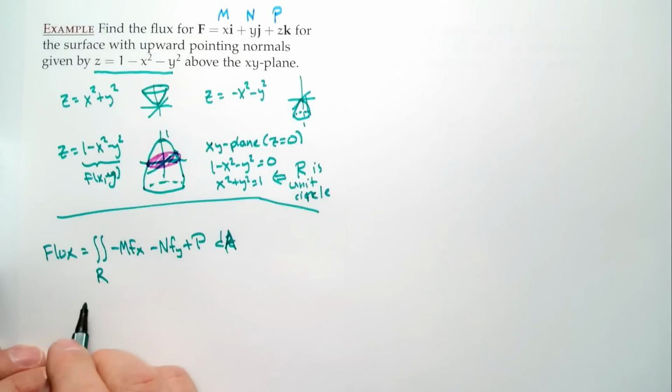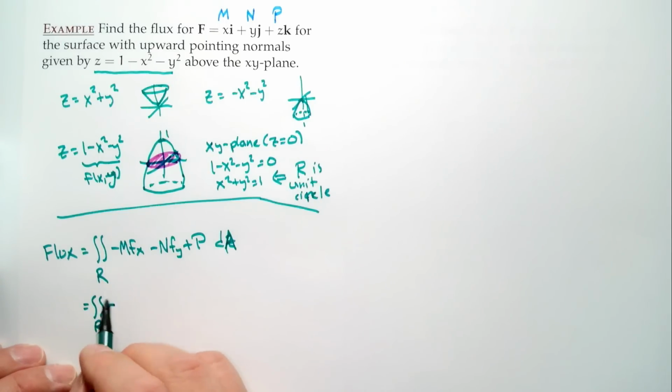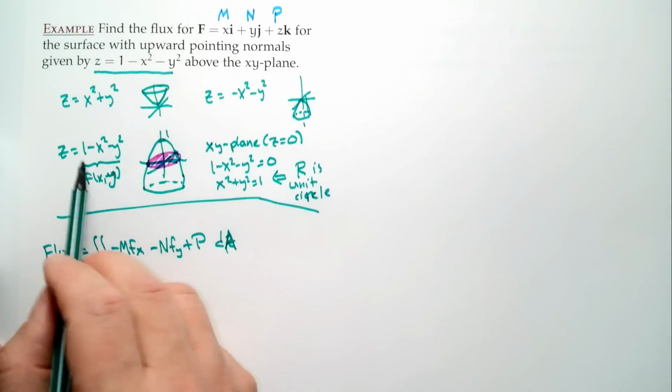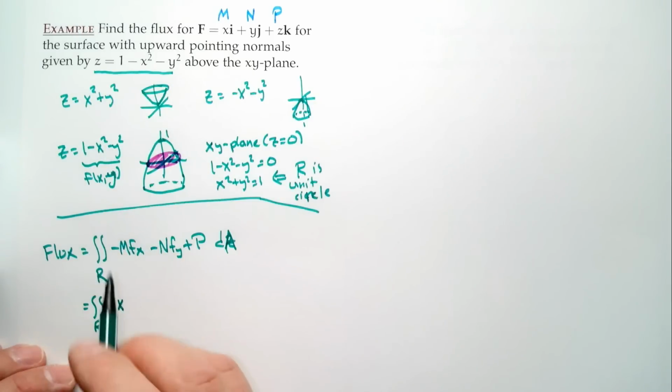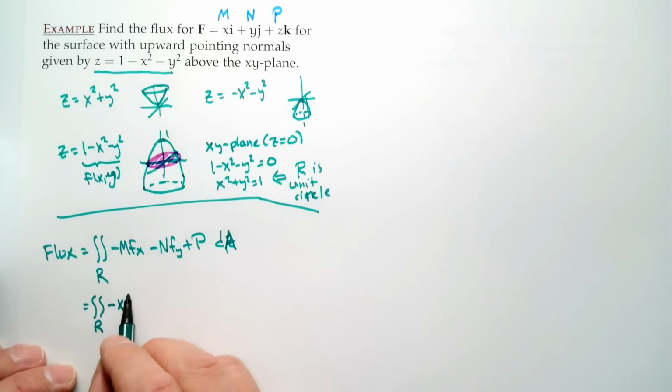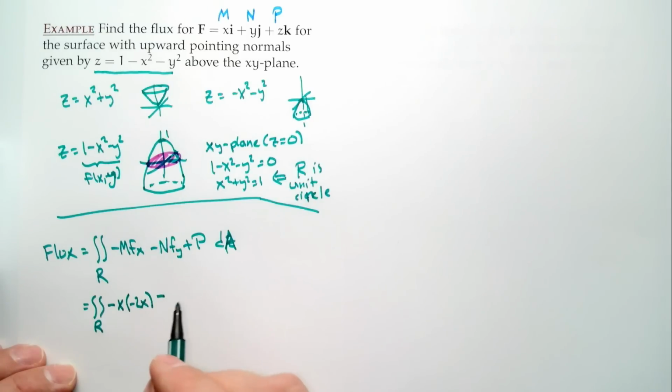So this becomes the integral over our region of minus m, that's going to be x, times f sub x. Well, what do we get when we take the derivative of f with respect to x? Minus 2x. Minus n, so that's minus y, times f sub y.